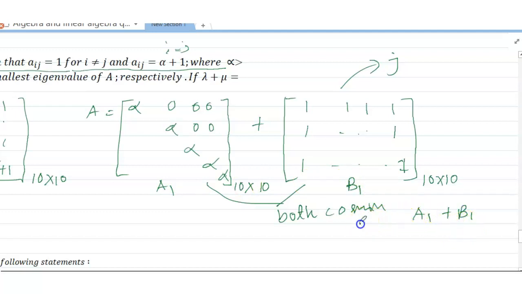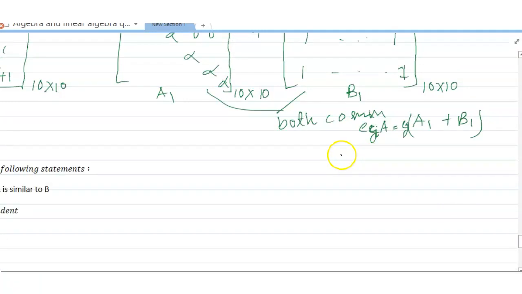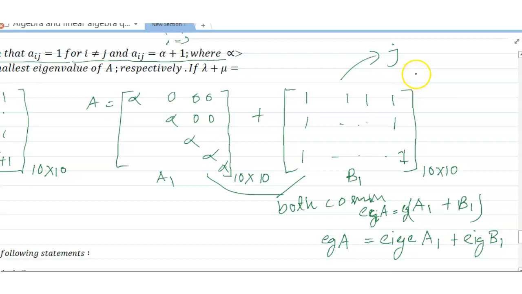So the eigenvalue of A equals the eigenvalue of A1 plus the eigenvalue of B1. What is the eigenvalue of this J matrix?